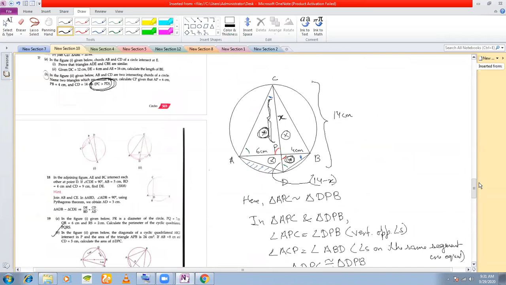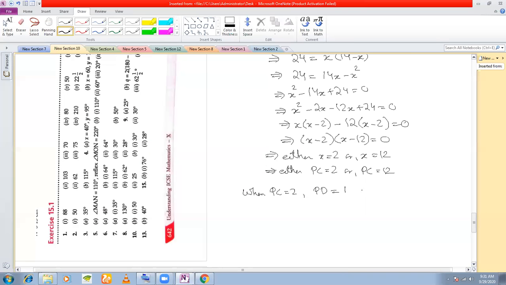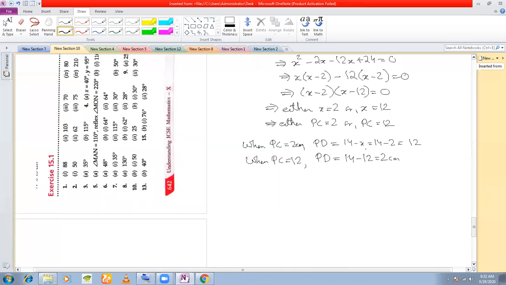PD is 14 minus x, which is 14 minus 2, which is 12. When PC is equal to 12, you get PD equal to 14 minus 12, which is 2 centimeters, because I think all the measurements are in centimeters. So when PC is equal to 2 centimeters, PD is equal to 12 centimeters; PC is equal to 12 centimeters, PD is equal to 2 centimeters.